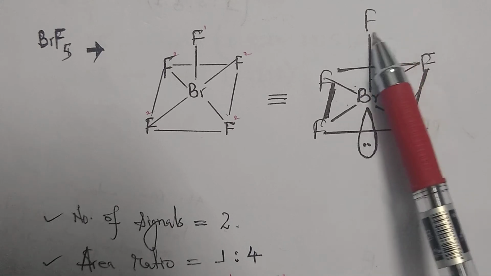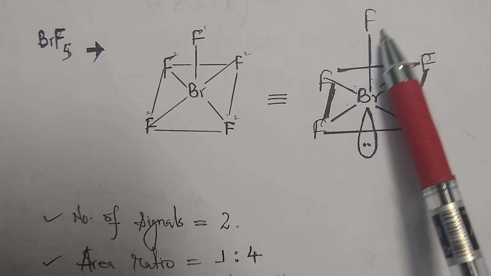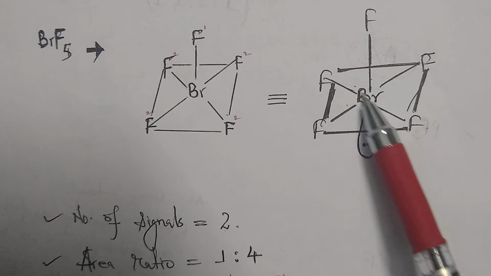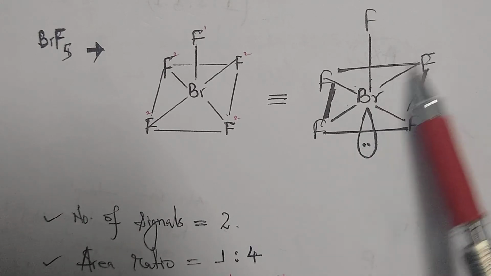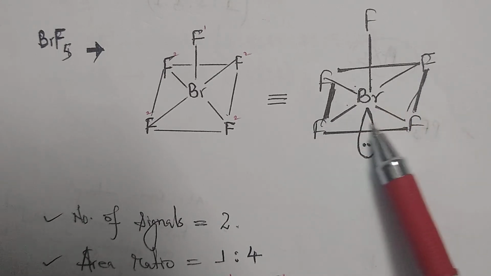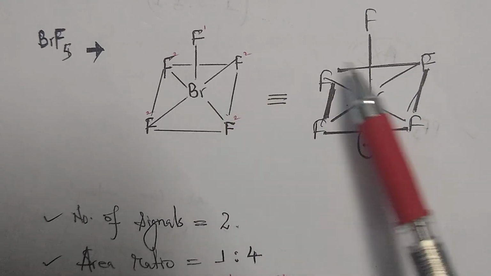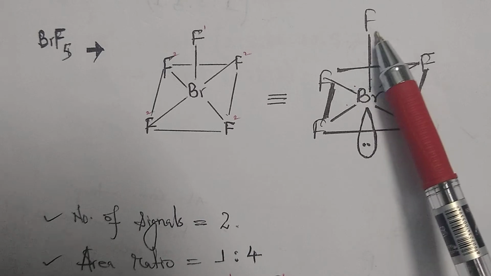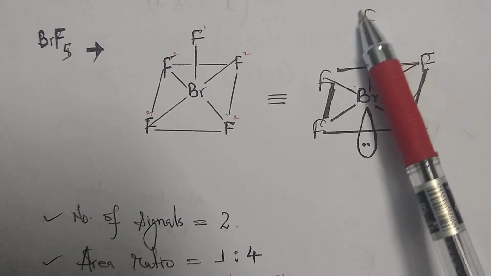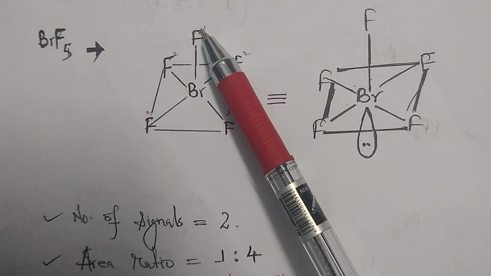So this fluorine which is at the axial position will be different from this fluorine which is lying at the equatorial position. So if we number the equatorial position fluorine as 2, then we will get a different environment for this fluorine, so we number this fluorine as 1.